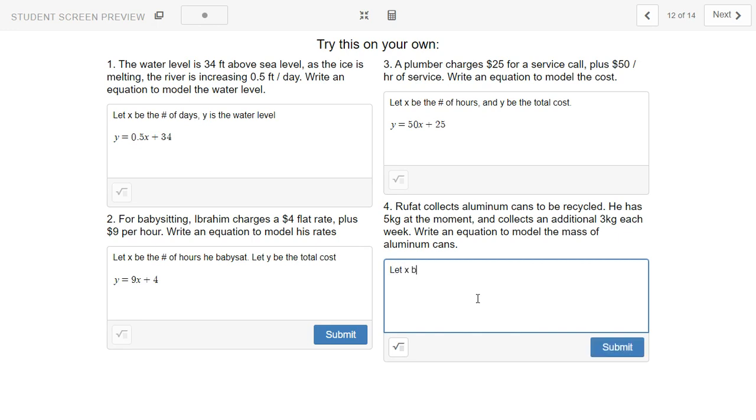So let x be the number of weeks he has been collecting cans, and y be the total mass of cans. Y is equal to 3 times x plus 5.